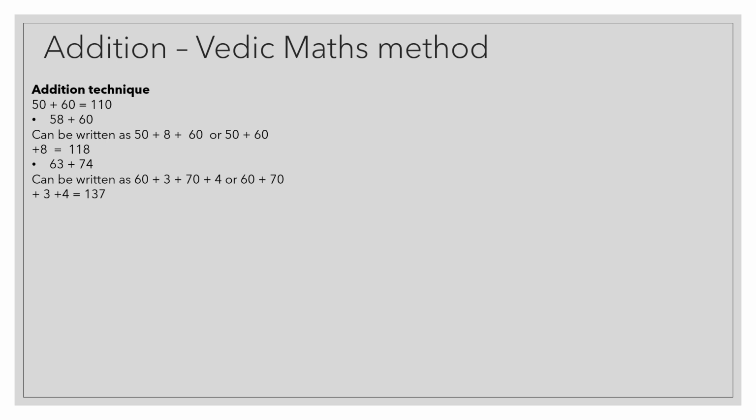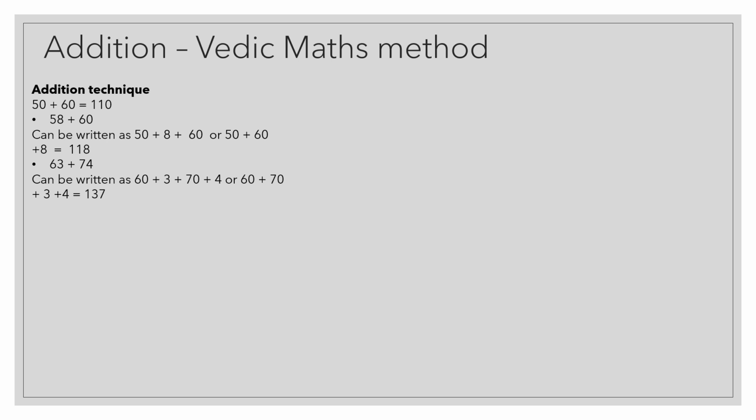It's quite easy to add. But the second example, 58 plus 60, can be written as 50 plus 8 plus 60 or 50 plus 60 plus 8. So 50 plus 60 is 110, plus 8 is 118.